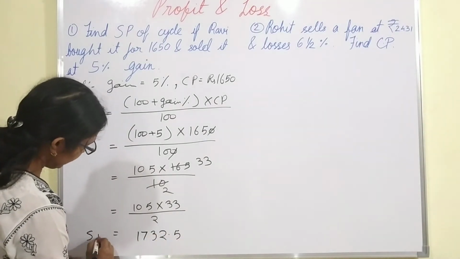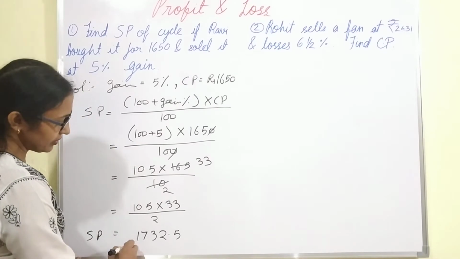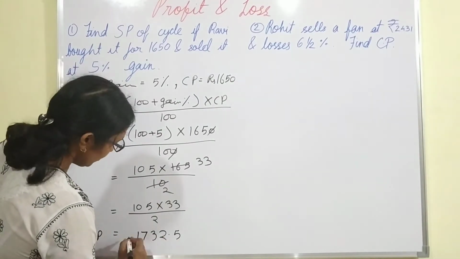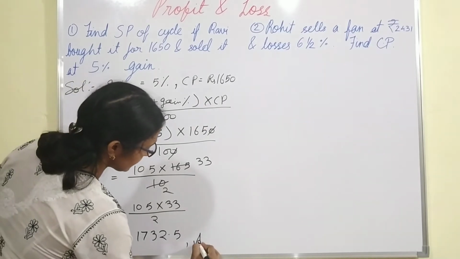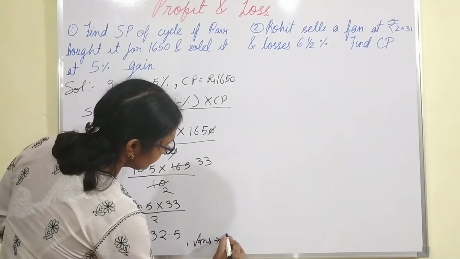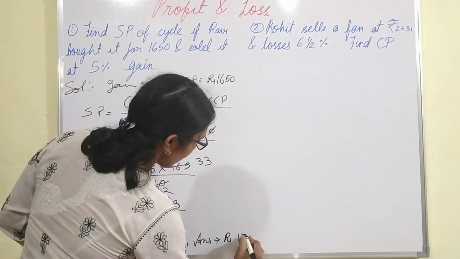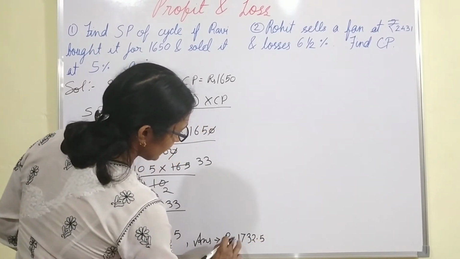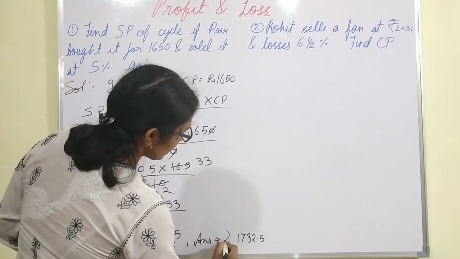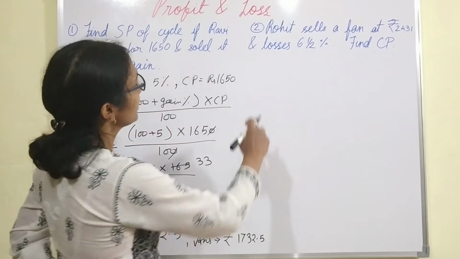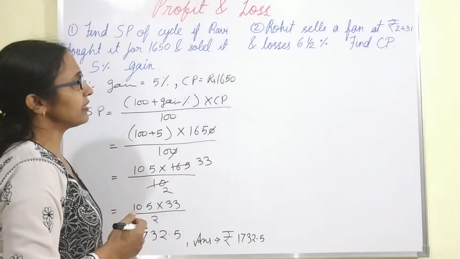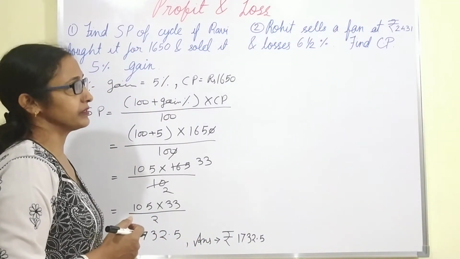So SP was 1732.5 rupees. So your answer is rupees 1732.5.